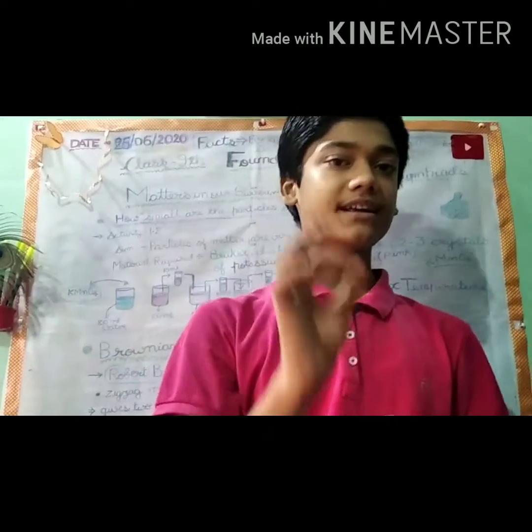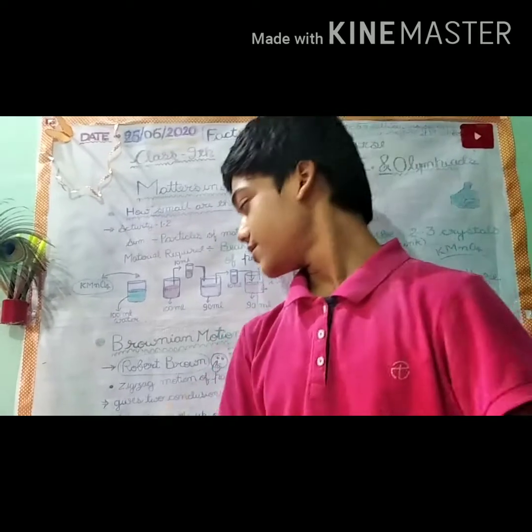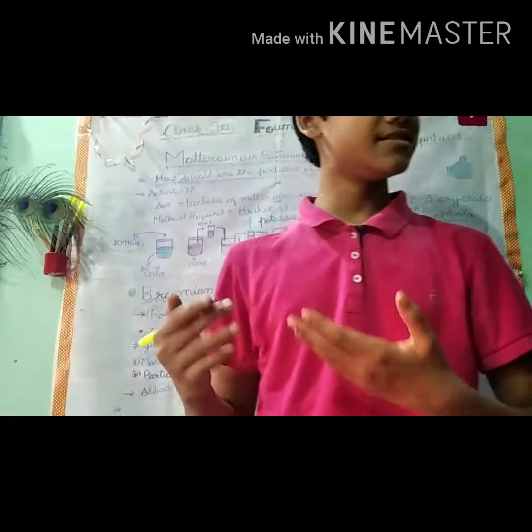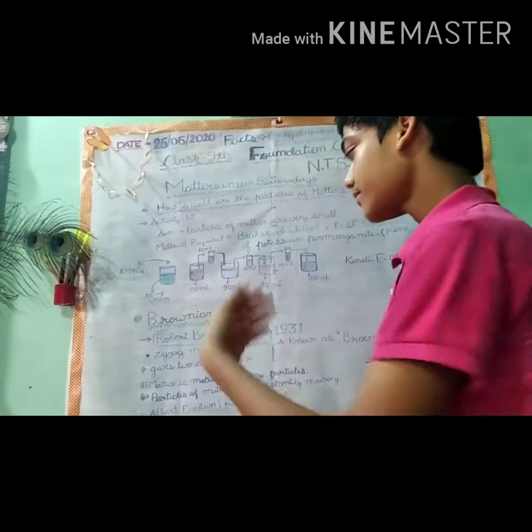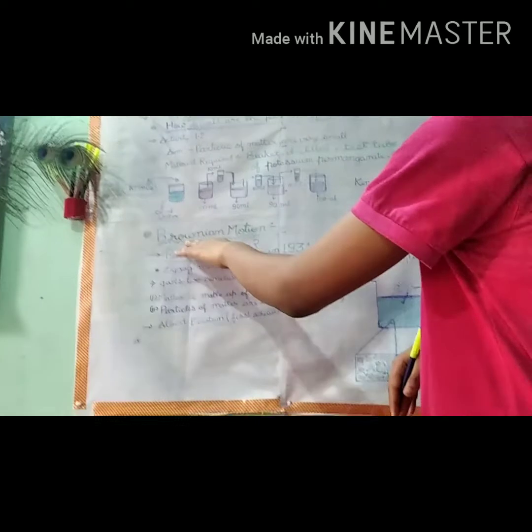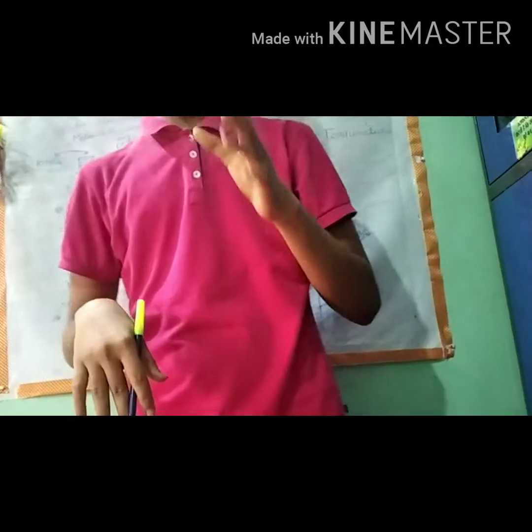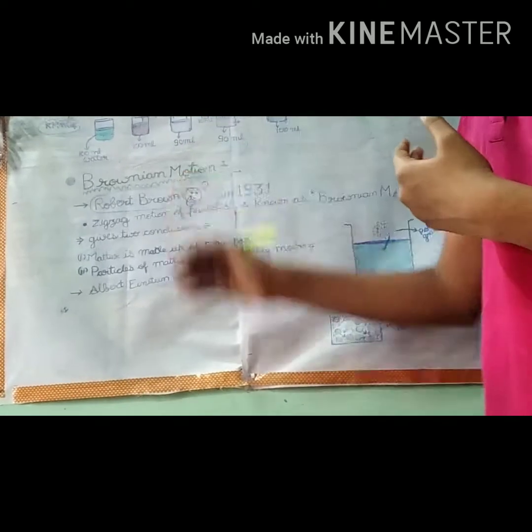So he thought of the dot as the nucleus. So he invented the Brownian motion. As the name suggests, it's Robert Brown. Brownian motion was invented by Robert Brown in 1931.